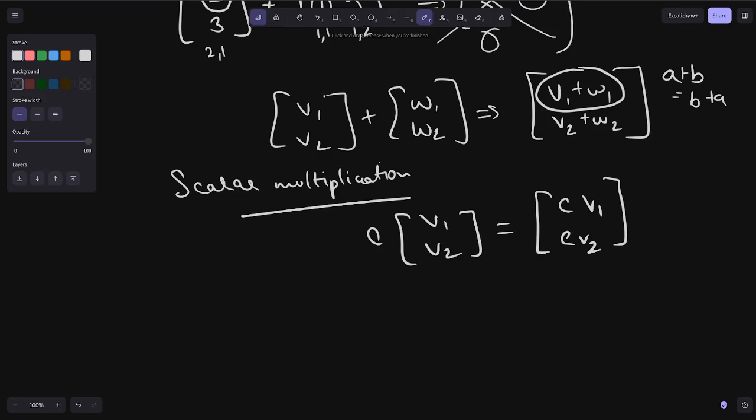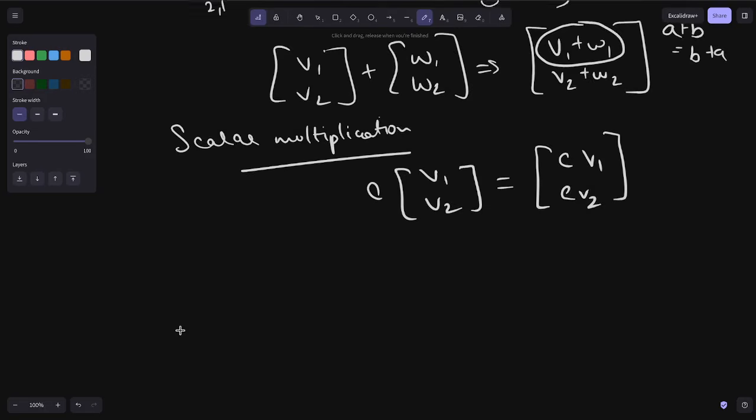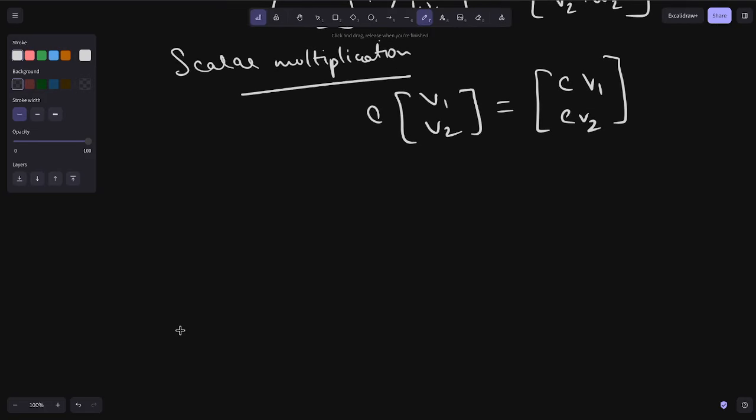So now with the tools that I have given you, we will define something called linear combination. What is linear combination? It is simply this. Let's say I have vectors v and w.